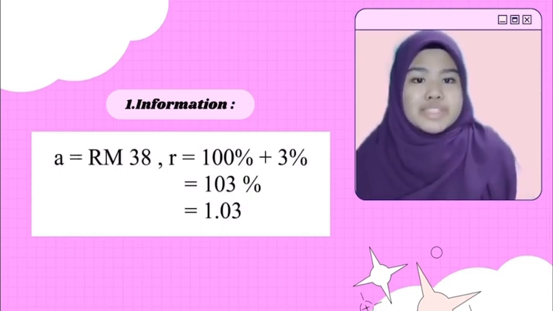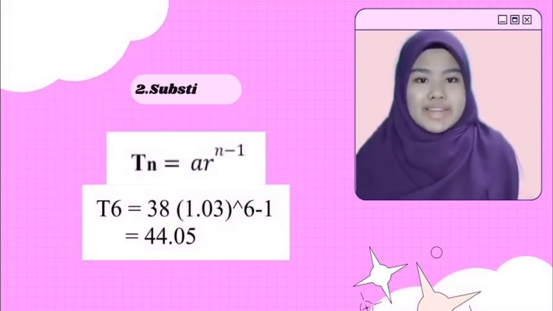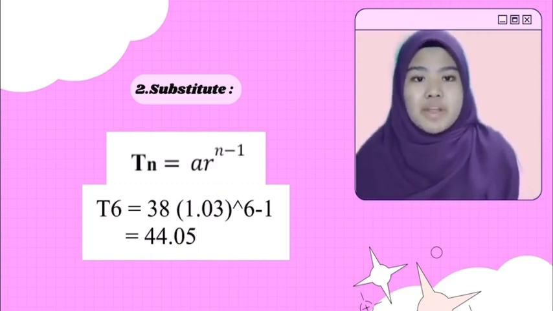Since we are not dealing with percent when we solve this algebraically, we will convert it into a decimal. 103% is equal to 1.03. Then we need to substitute into the formula. The formula that we use is Tn equals a r to the power of n minus 1.